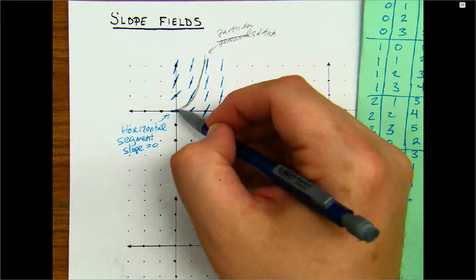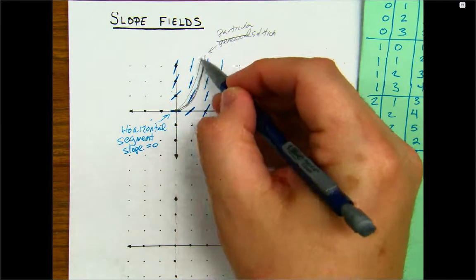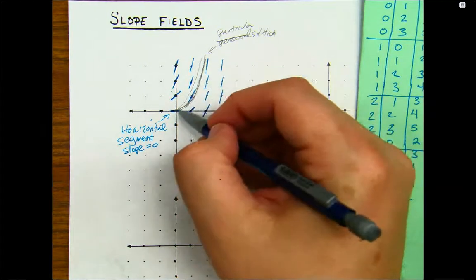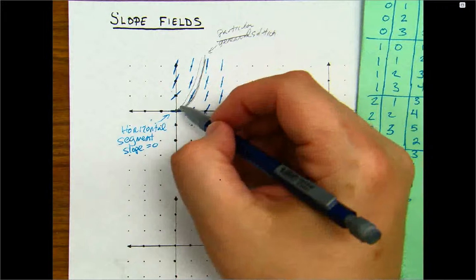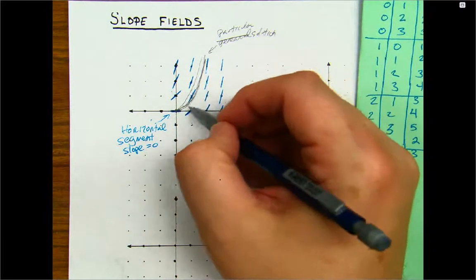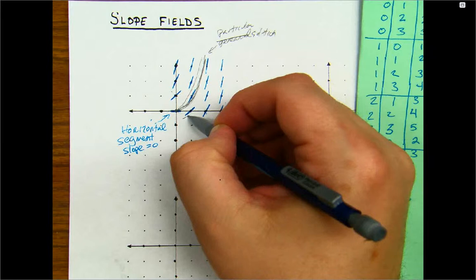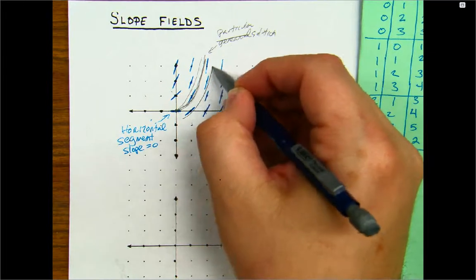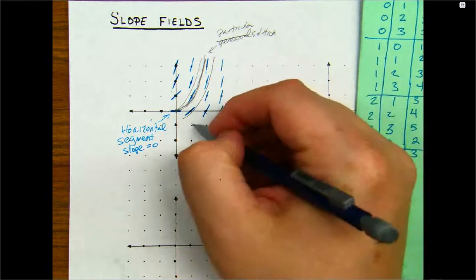So you can see the different solutions, like this one right here is kind of doing that. A solution down here would be kind of doing this. This one is kind of doing that.